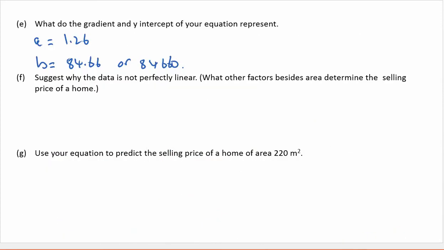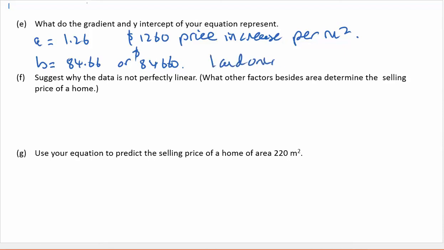Now the gradient of 1.26 means that there's a $1,260 price increase for each extra square metre. The y-intercept indicates $84,660, and that would be for the land only. In other words, with no house on it.